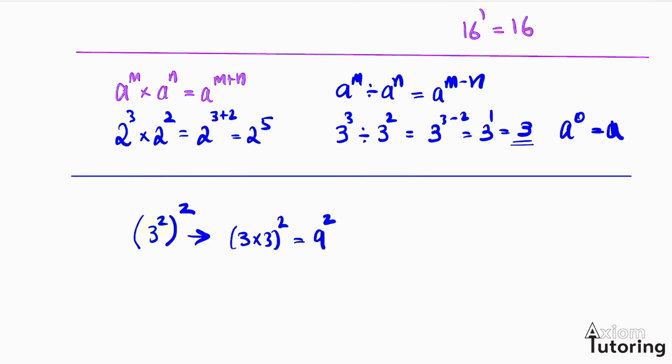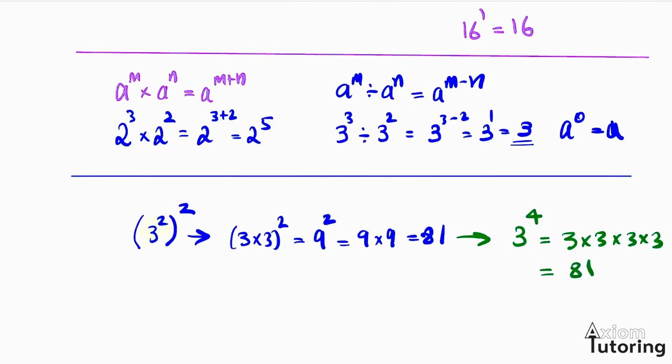And if we square that, that's 9 times 9, which is 81. But if you check 3 to the 4, 3 to the 4 is 3 times 3 times 3 times 3, which also gives us 81.